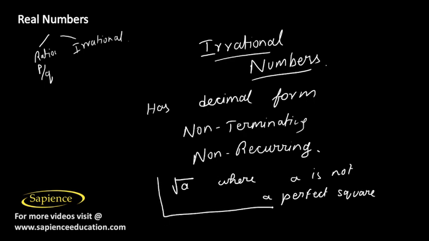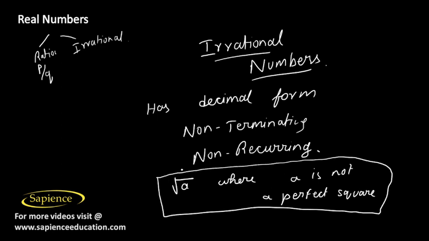This statement is true, but this is not a general condition for irrational numbers, because not only the square root of any non-perfect square will give us an irrational number, even the cube root of numbers that are not cubes, for example 9 is 3 squared, not 3 cubed, so the cube root will be an irrational number.